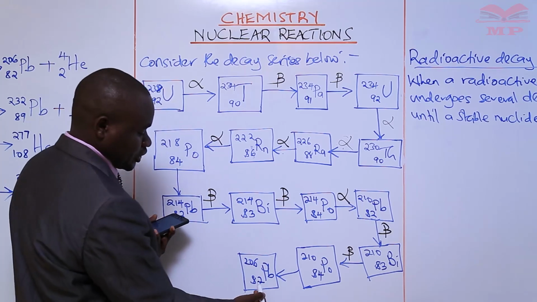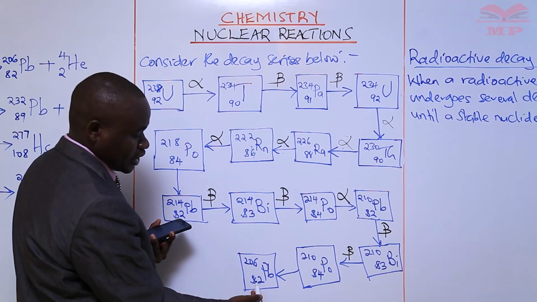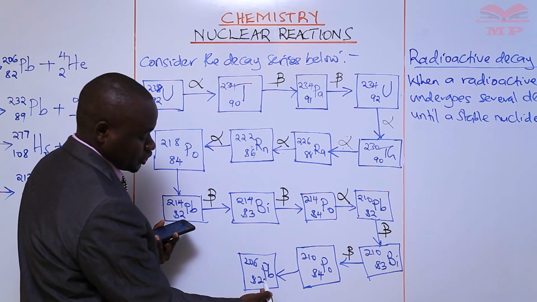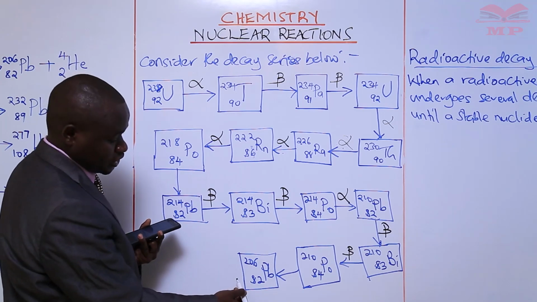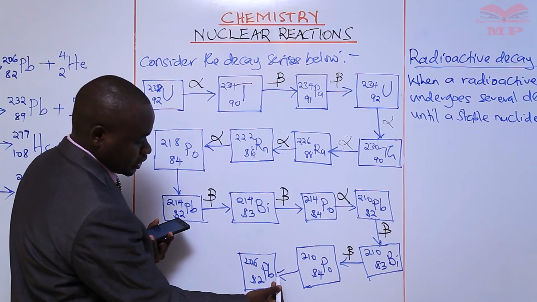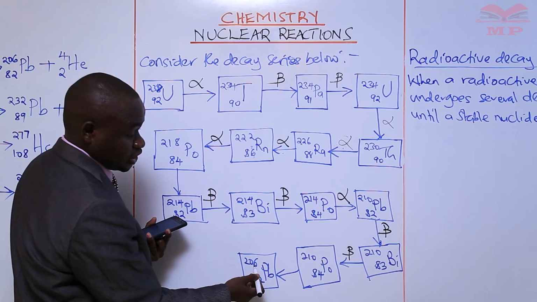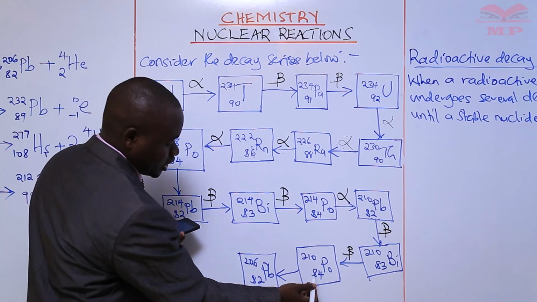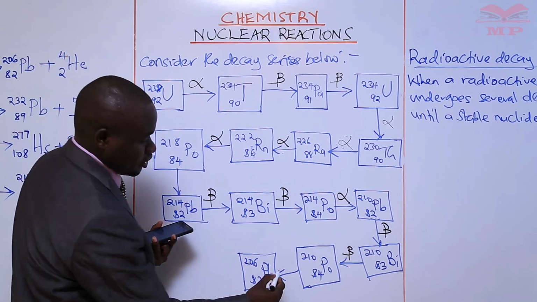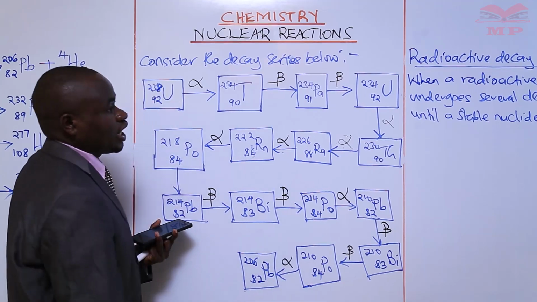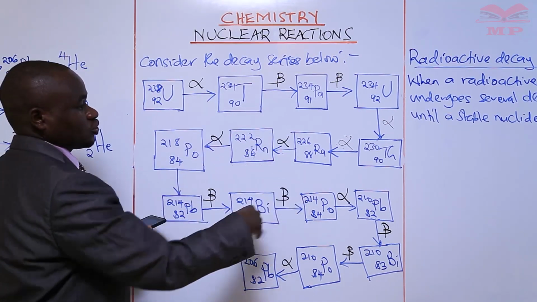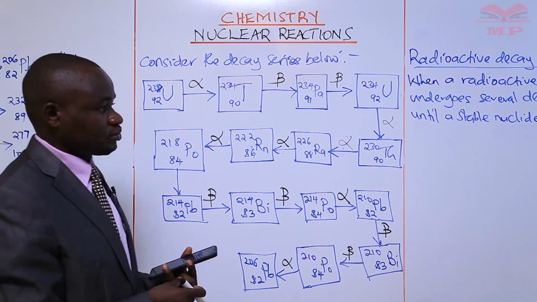Lastly, this happens to be the stable nuclide because the decay has stopped here. So this is the stable one. Mass number from 210 to 206, it has reduced by 4, from 84 to 82. That should tell you there is emission of an alpha particle. So this is what is called a radioactive decay series.